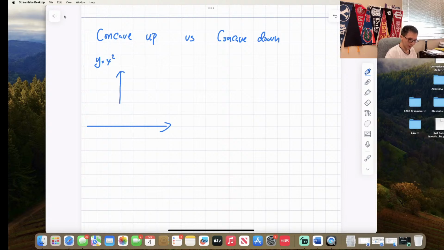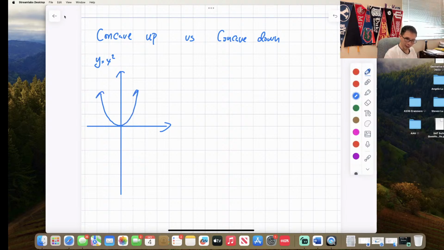If I were to draw a tangent line at this point, you know how to draw a tangent line? A tangent line only intersects one point. So this is also a tangent line.